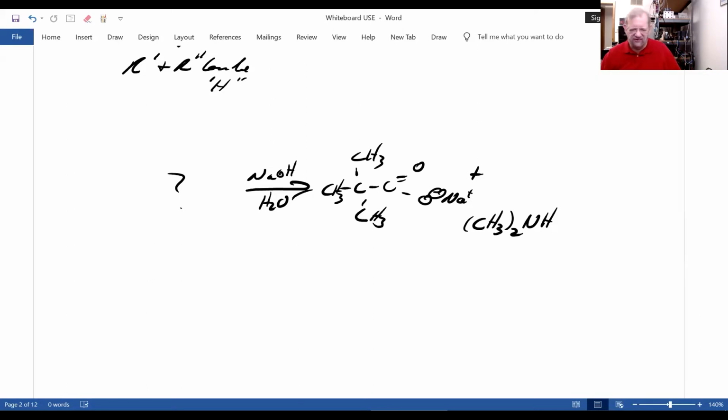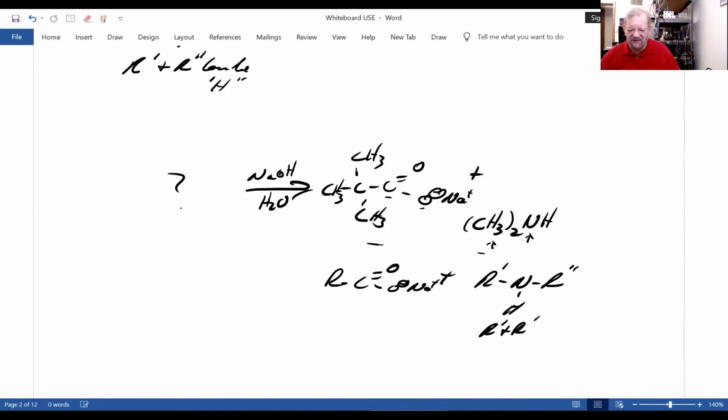All right, let's take a look at this. We have two products. What's different? Carbonyl with a minus oxygen. This is a carboxylate anion. Ooh, nitrogen with two R groups on it. This is an amine. Remember, R prime and R double prime can be hydrogen. In this case, they're not. So I'm going to call this R prime and R double prime, two methyls.